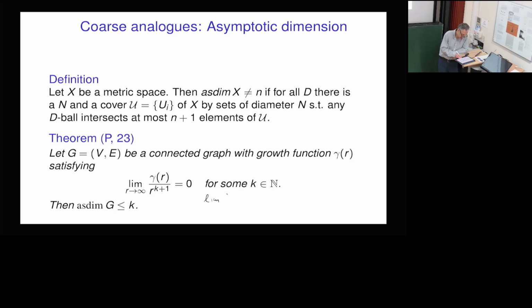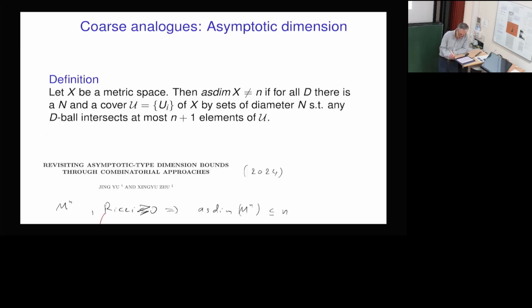I have the limit of gamma r over r squared equals 0. Well, of course I can have a line, r cubed. Yes, gamma r over r cubed is equal to 0. I just have a limit here, so this can be like a line. A line satisfies this. So the asymptotic dimension could be 1, could be 2, could be 3, all these three values. Okay?